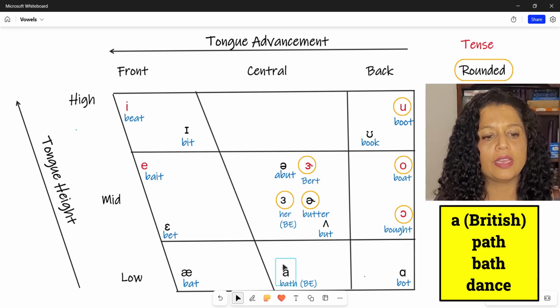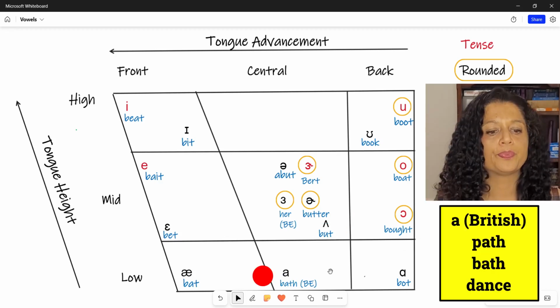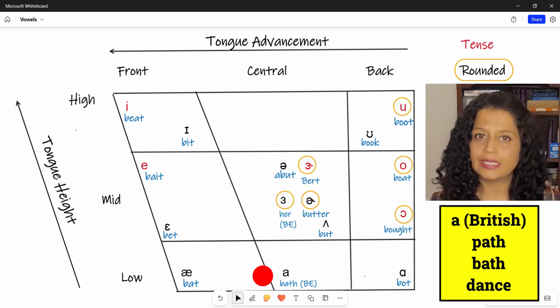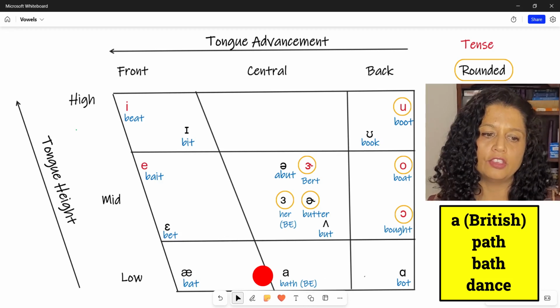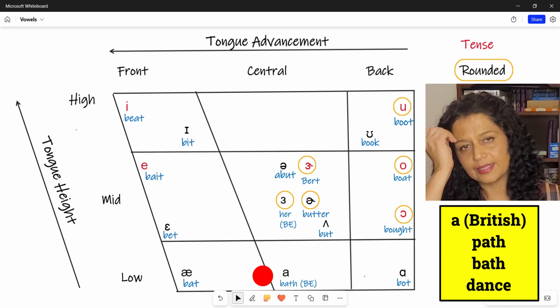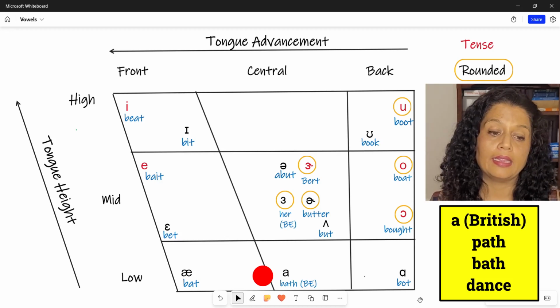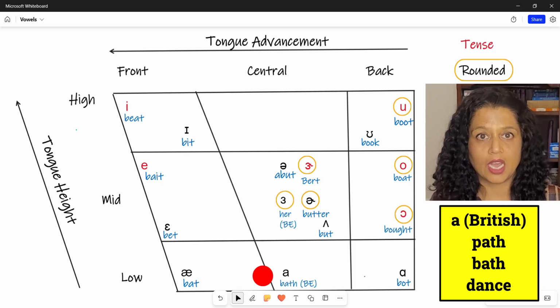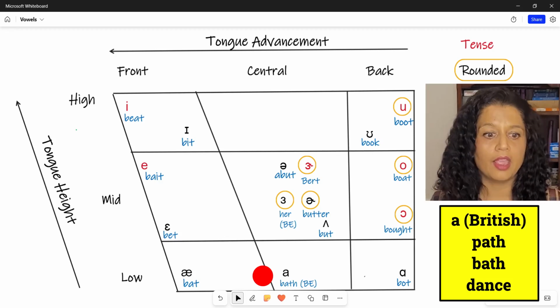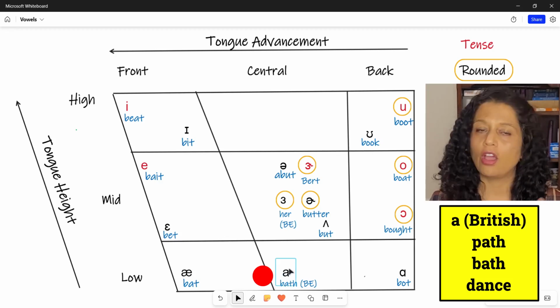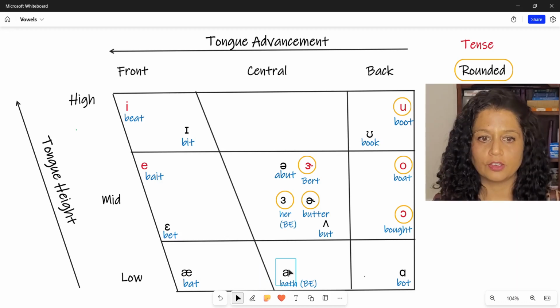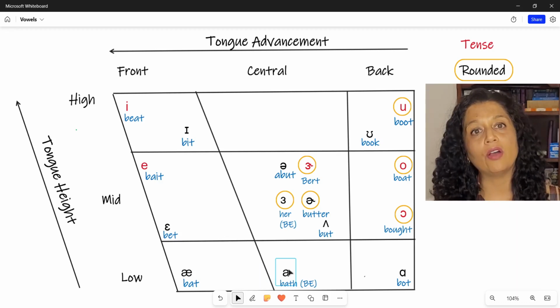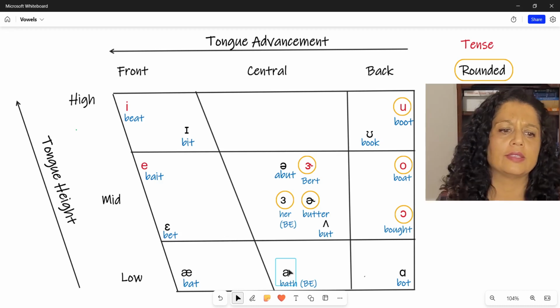Down here, this script A is not typically used in American English. There are a few Eastern dialects that will use it, and this would be like in British English, bath, dance, path. Okay, so that sound, not used very often in American English. All right, now let's review these one more time.